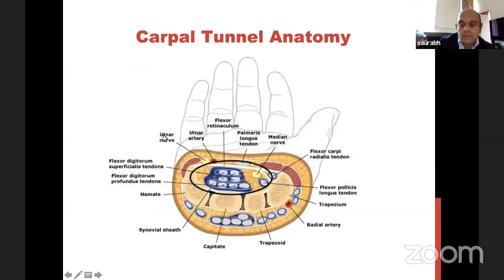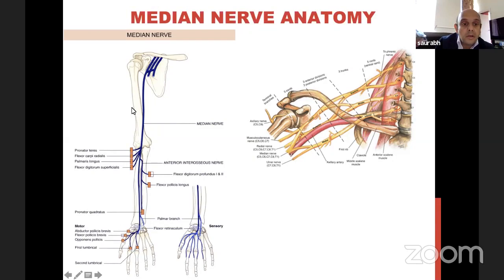There's nothing in the arm. As soon as it crosses the elbow, it supplies pronator teres, flexor carpi radialis, palmaris longus, and FDS. Remember, rule of thumb, the median nerve pierces the two heads of pronator teres, the site of compression in pronator syndrome.